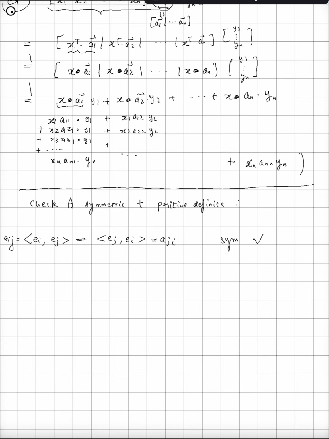Secondly, let's check it's positive definite, which means all the eigenvalues are positive for this matrix A. And because this is a symmetric matrix, from linear algebra we know that it has n eigenvalues counting multiplicity.